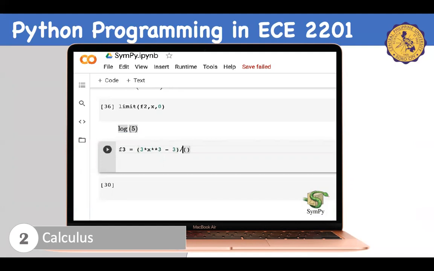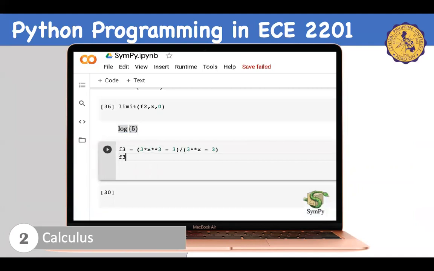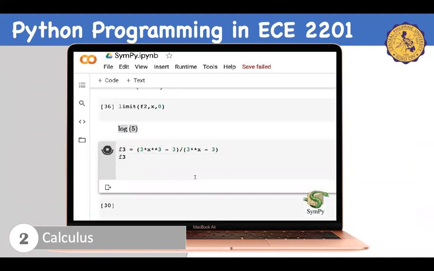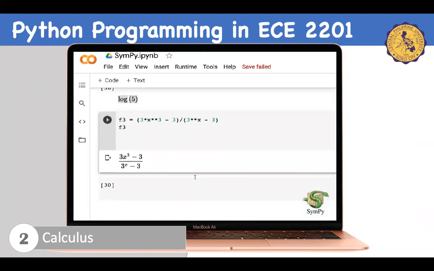So we have here 3x cubed minus 3 all over 3 raised to x minus 3. Now display it, f3, run the code. So we have 3x cubed minus 3 all over 3 raised to x minus 3.